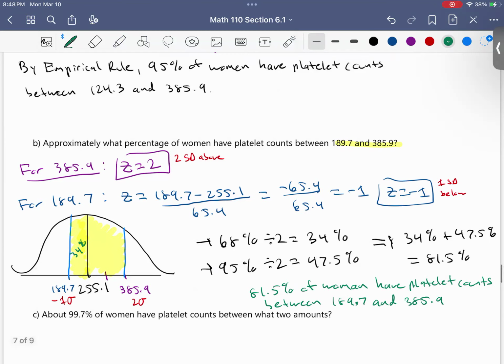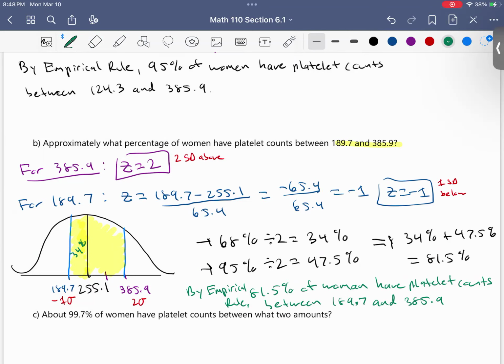One thing I forgot to say here is by empirical rule.